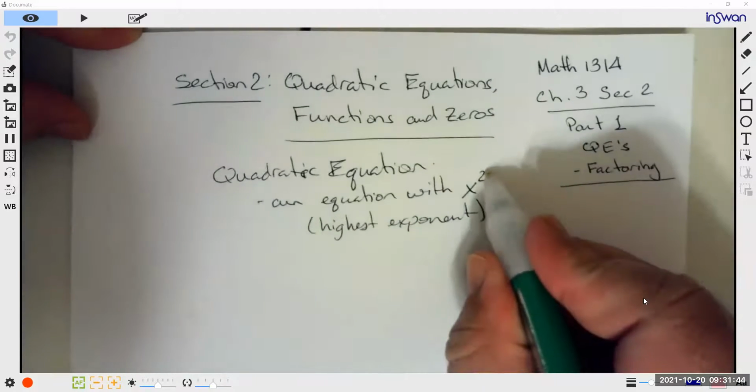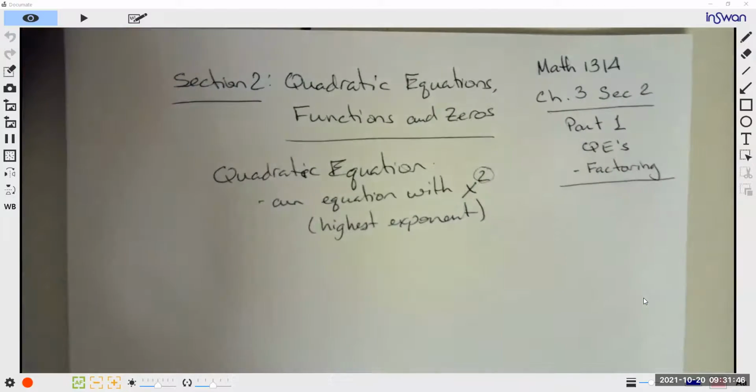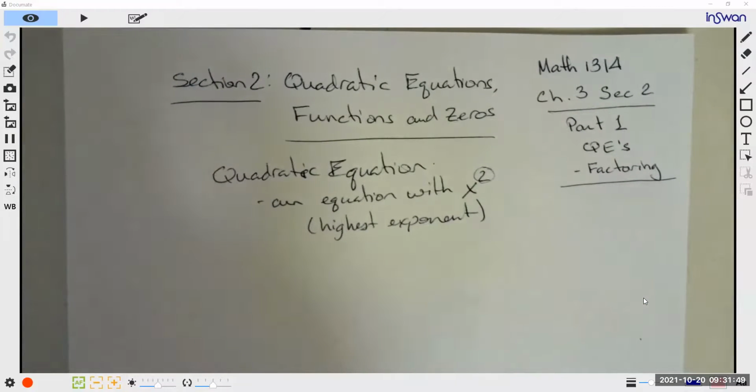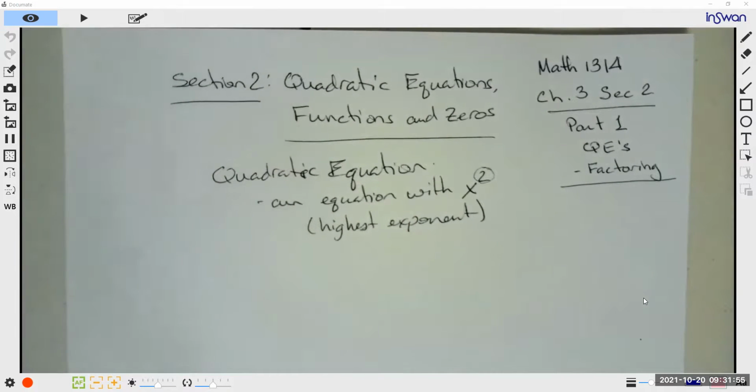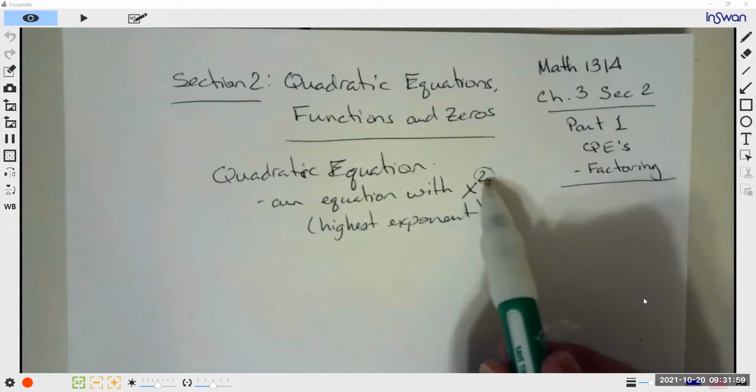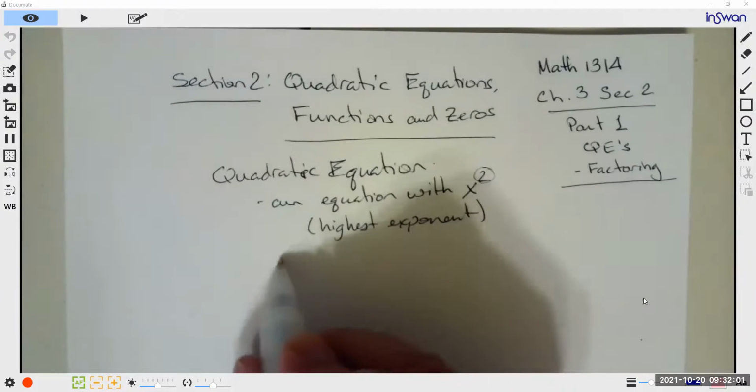All right, so that's what makes it quadratic. The highest exponent of any equation defines what kind of equation it is, no matter how many terms it has. So if the highest exponent is x squared, then it's quadratic.